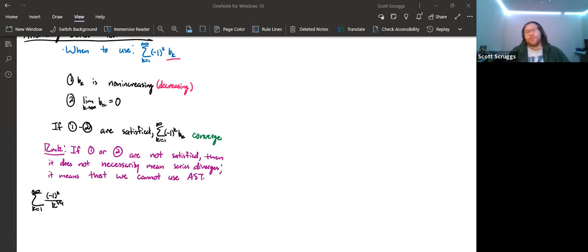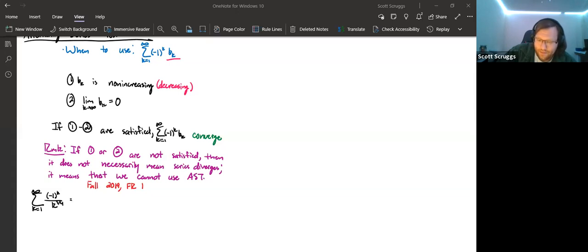So here's the terms of the series that we're working with: (-1)^k over k^(3/4). Just like before, I did pull this from my old test as well, from the first free response problem.